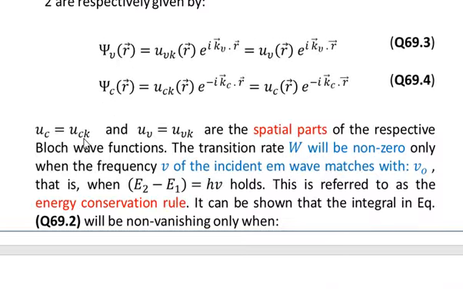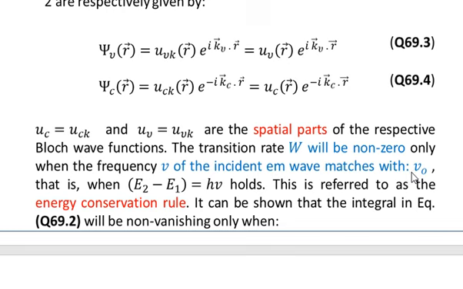Here uc is equal to uck and uv is equal to uvk are the spatial parts of the respective Bloch wave functions. The transition rate W will be non-zero only when the frequency nu of the incident wave matches with nu naught.